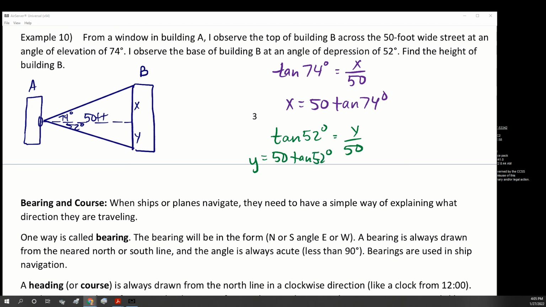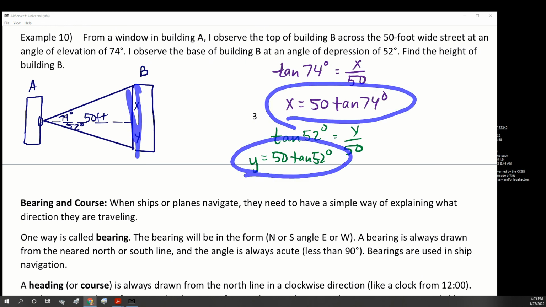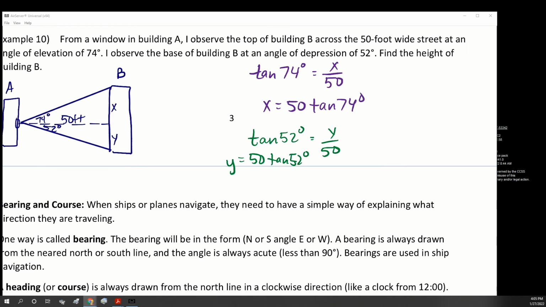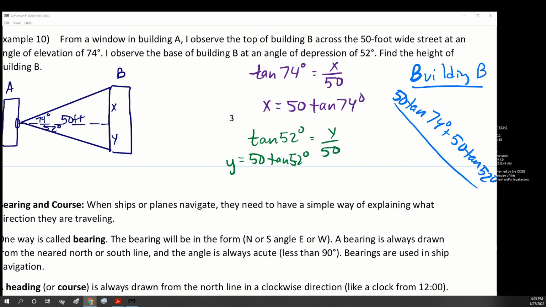Okay. And then to find the total height of building B, we're going to add those two together. That should be the height of building B.